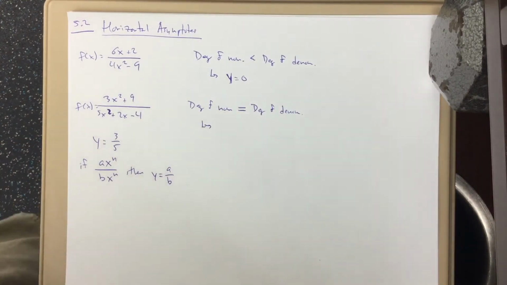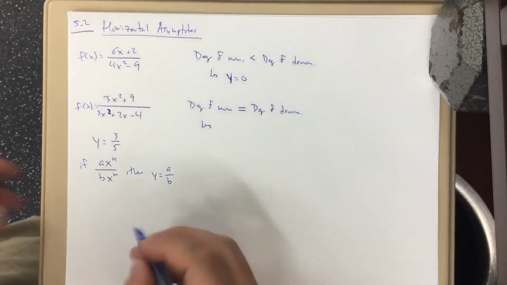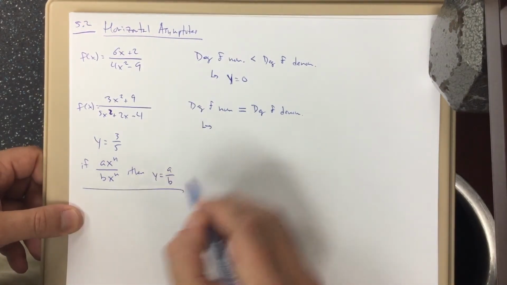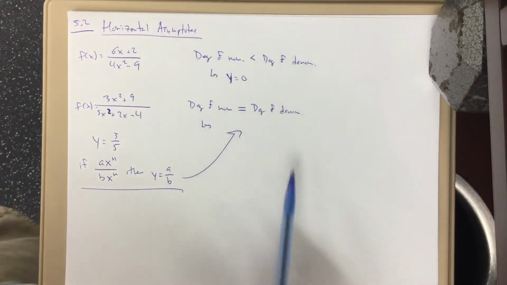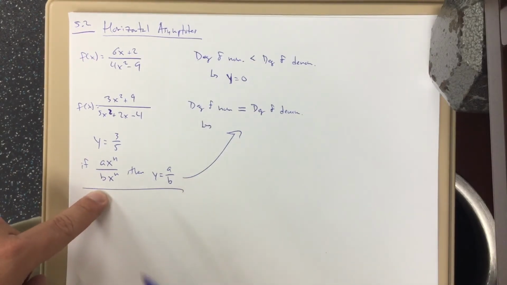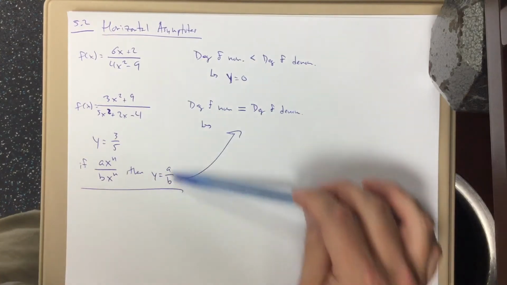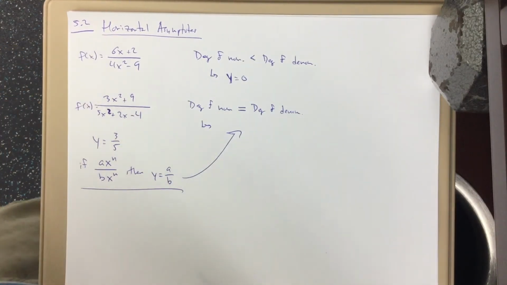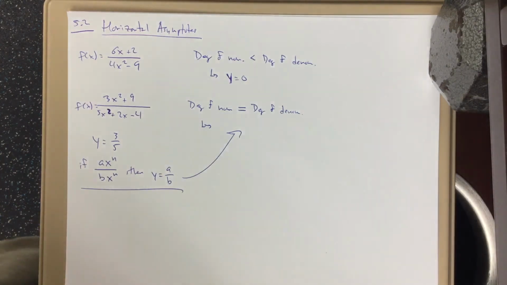That's the way the book generalizes it. So if the degree of the numerator is equal to the degree of the denominator, we follow this rule: we take the fraction made by the leading coefficients, and that is where the horizontal asymptote is going to go. That's how that works.